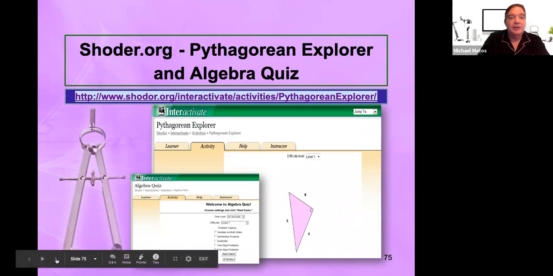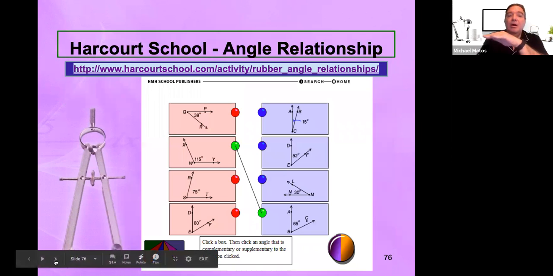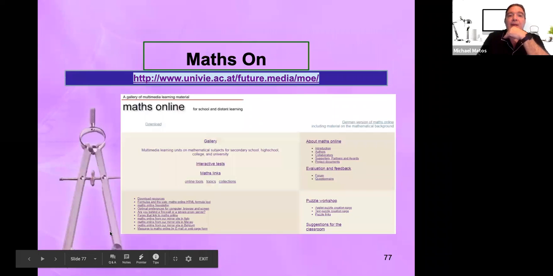Look into that site if you're interested in these virtual manipulations. Harcourt Schools, another one, a lot of virtual related activities, and all can be done online, all free. Mass On, a lot of virtual activities as well. Maybe not as much as the first 2 I mentioned, but once again, another free site.